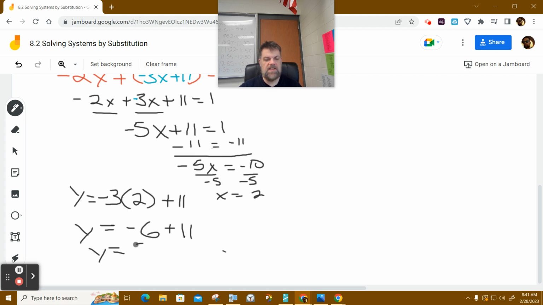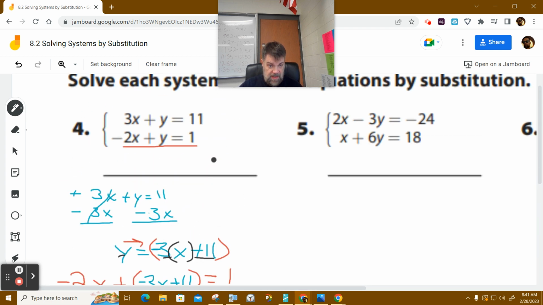What's 11 minus 6? 5. That's the benefit of writing out all your work. So I got x equals 2, y equals 5. How do I write that? 2, 5. Because that's your x, y. Does that make sense? Any questions on that one?